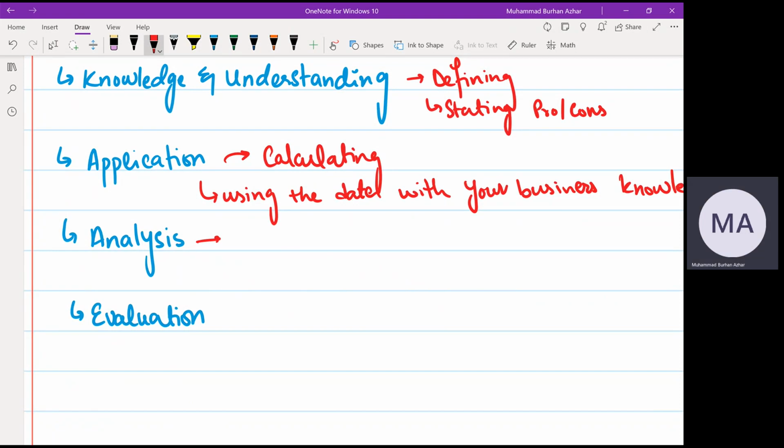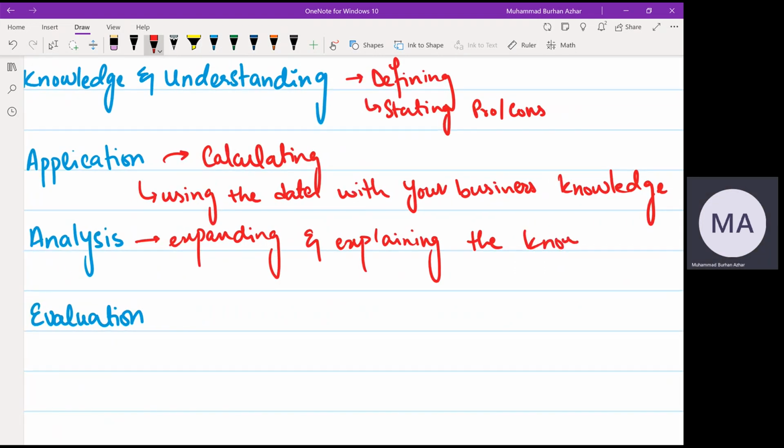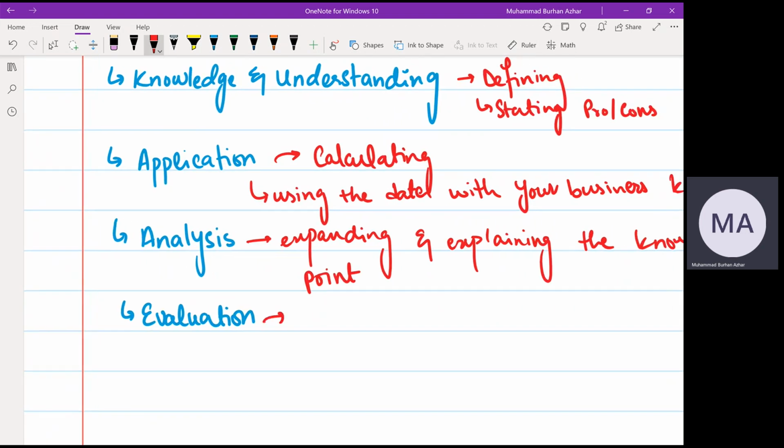Analysis के अंदर is basically expanding and explaining the knowledge points. कि अगर आपने एक pro या con state किया है, are you able to develop that point further or not? And we'll talk about that.